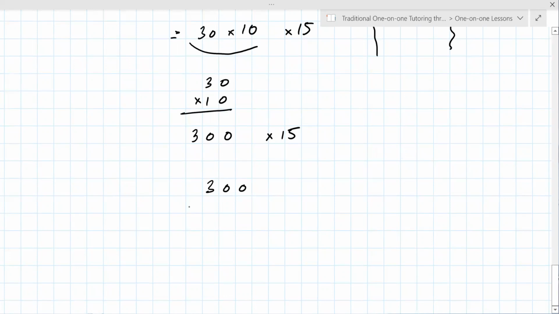So 300 times 15, you can really do 3 times 15, or 15 times 3, and then add these zeros at the end. So what is 3 times 15? 45.